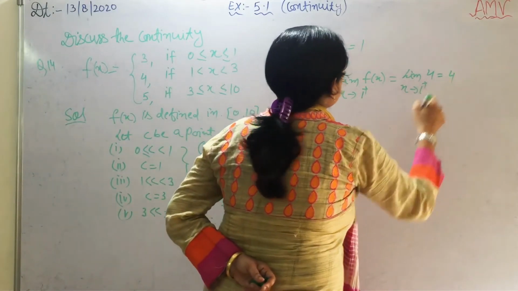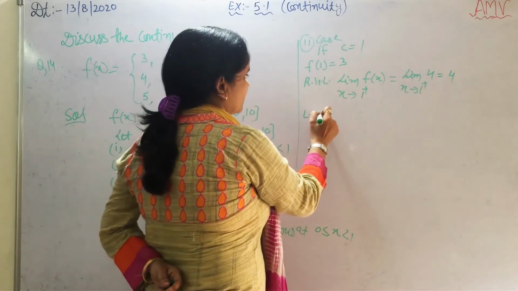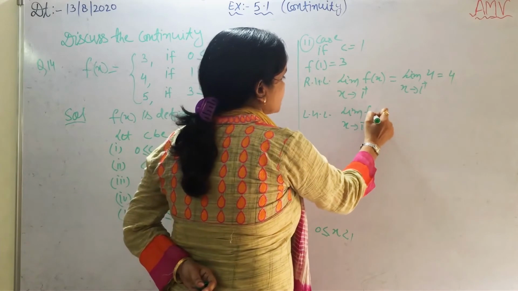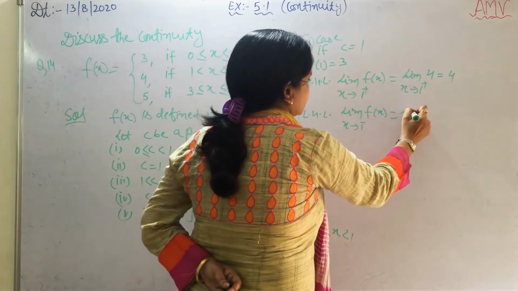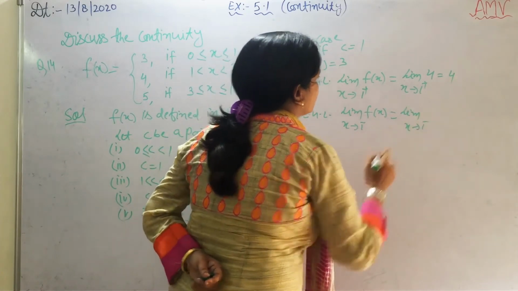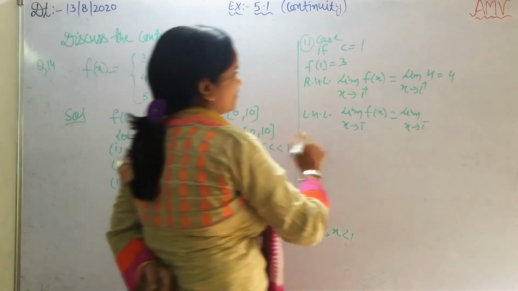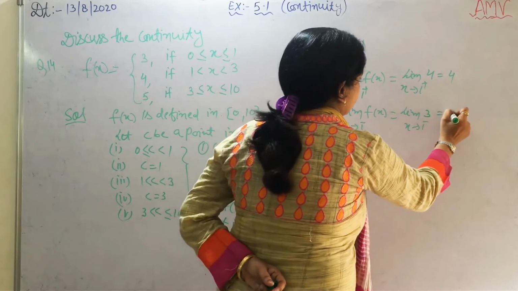So here it's a 4. And left hand limit, x tends to 1 minus f(x). When x is less than 1, it's a 3. So write here it's a 3.